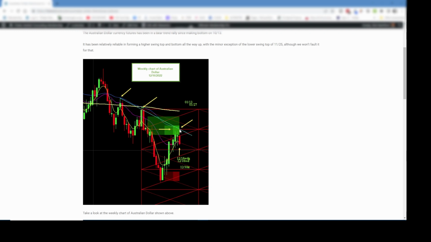Now the high of last week hit perfectly up against the downward trend line resistance line. You can see from that high to that high, and it nailed it right there.